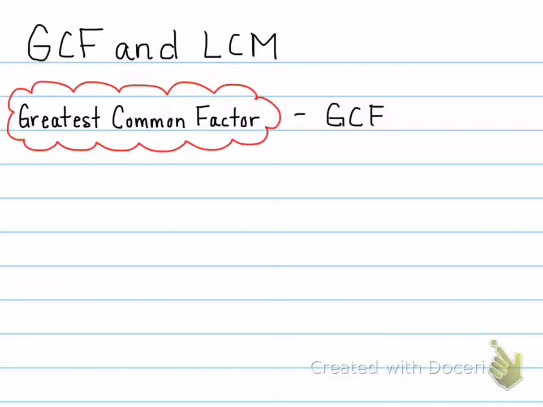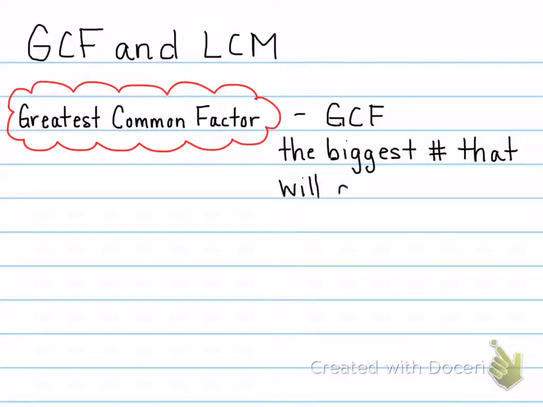So again, the greatest common factor is the biggest number that will go into multiple given numbers.